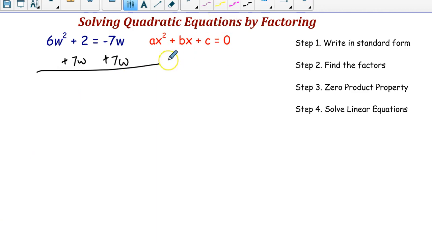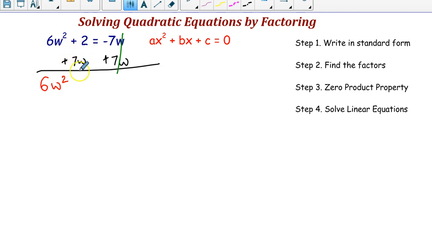Now what happened? This negative 7w, positive 7w, it got cancelled. Now what is left on the right hand side? We are left with 6w square. I'm just bringing down that 6w square plus 2 and then 7w.